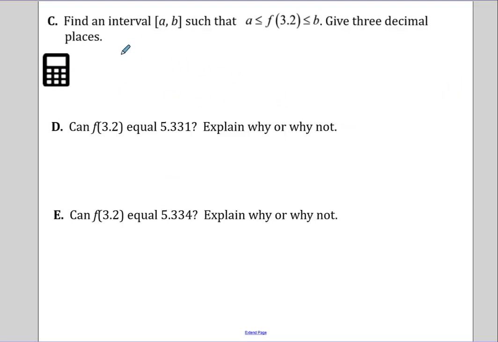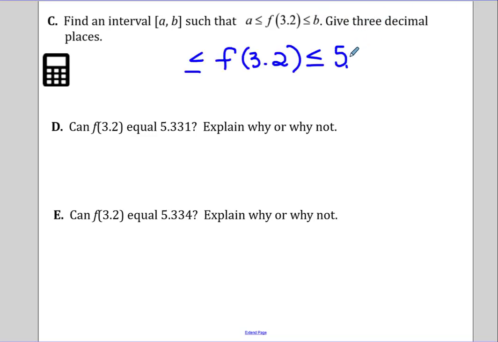So find an interval, part C, A to B, such that A is less than the function value at 3.2, which is less than or equal to the function value at B, and give 3 decimal places.